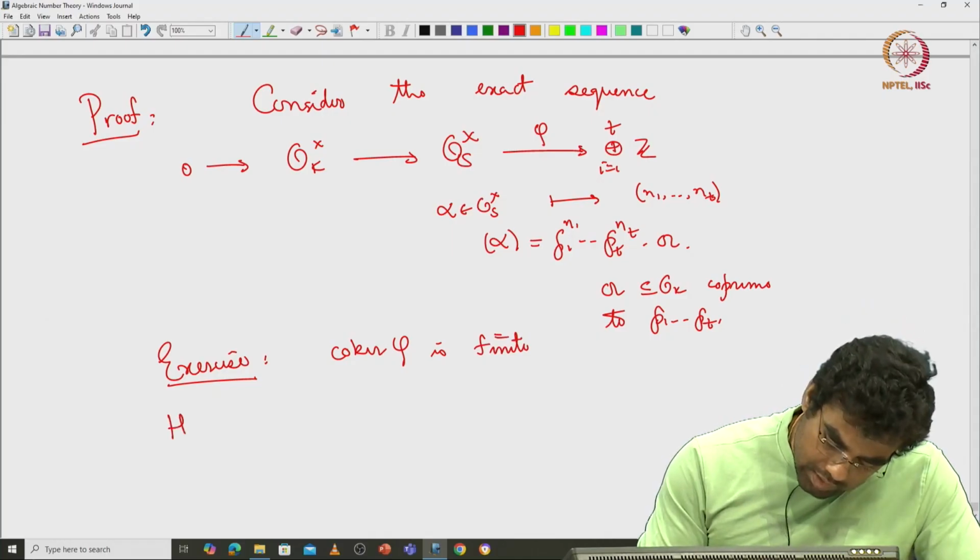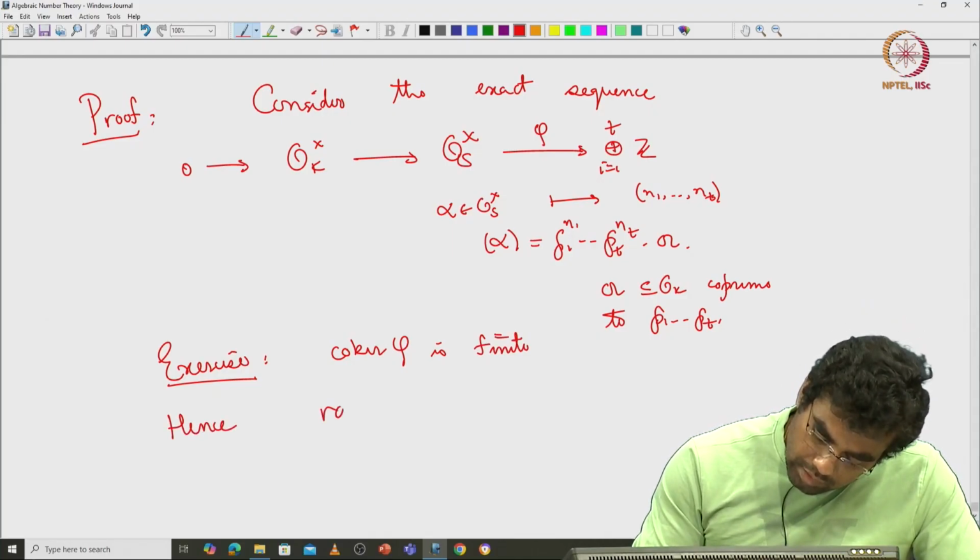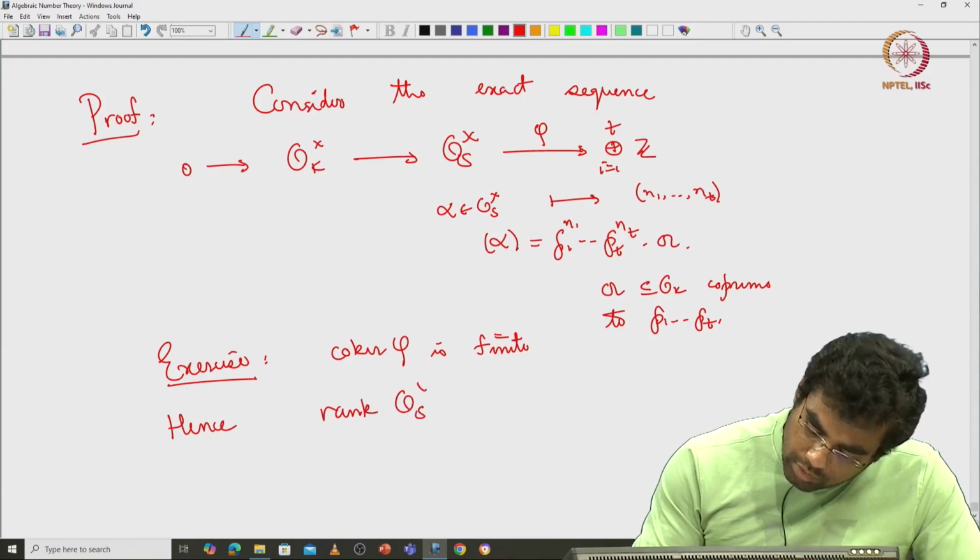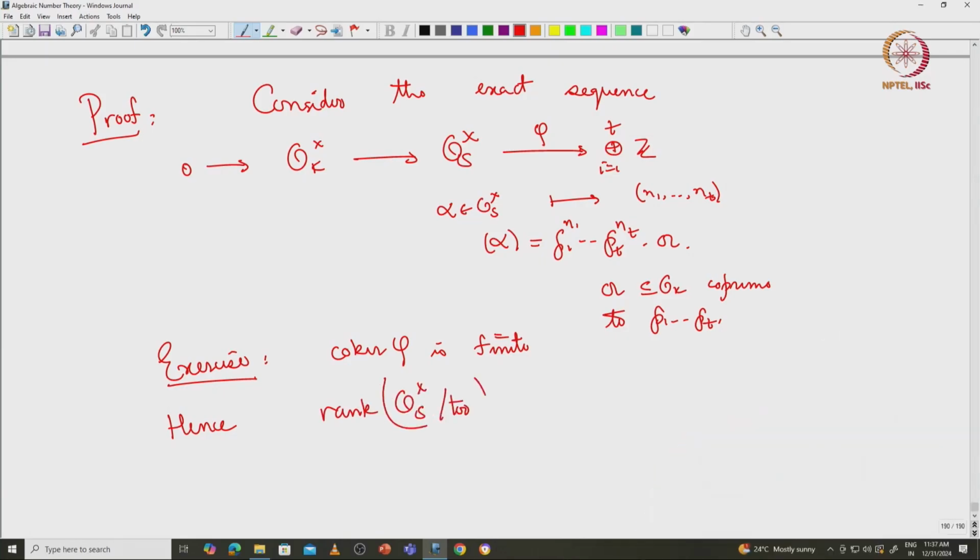Hence you get that the rank of O_S^× modulo torsion is equal to the rank of O_K^× modulo torsion plus t, because the image of φ will have rank t. So that is how you prove this. We have proved Dirichlet's unit theorem, and we got a little bit more out of it.